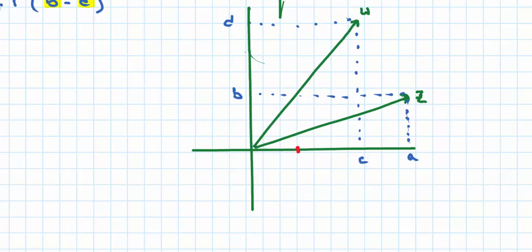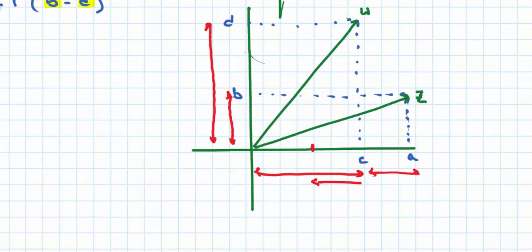Maybe that's not the most accurate. Let's see. Here is C, and I am subtracting A amount from it. So we're going back A amount, which would be around here. And then from B, I am subtracting D amount.